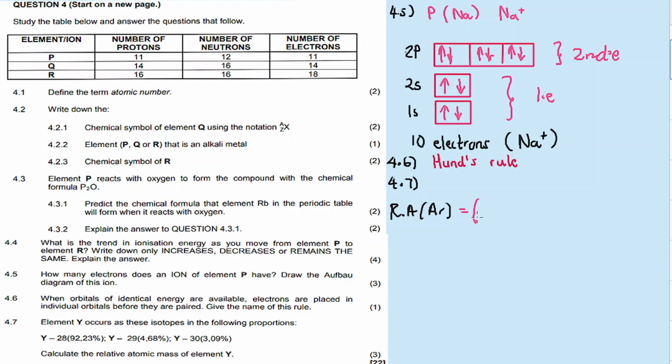You must take 28, the number of neutrons, multiply by its allocated percentage, 92.23, plus then you do the same thing for the other one, times 4.68, plus 30 times 3.09%.